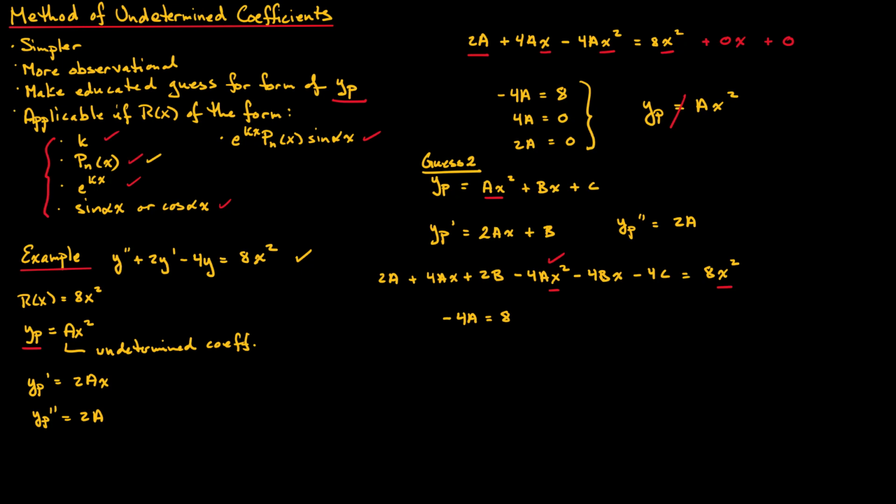The x terms will tell us that we have 4a minus 4b, and that will be equal to 0 because we have no x's on the right-hand side. So we've taken care of 2 extra terms over here. And then finally, we have 2a plus 2b minus 4c, and that also will be equal to 0.